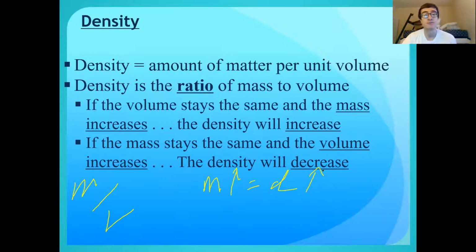If our volume goes up, that means we have the same weight of something, but now it takes up more space than it was before. So it's less compact. It takes up more space for the same weight. Then our density is lower, because we're not as compact. We take up a lot of space. And so the more space that something takes up, the lower its density will be.